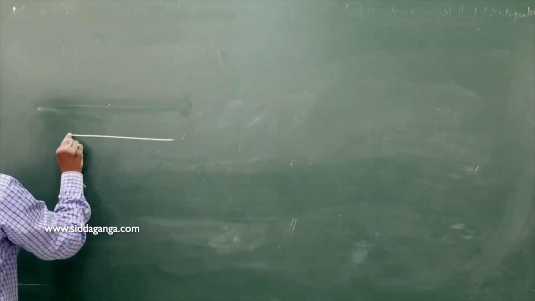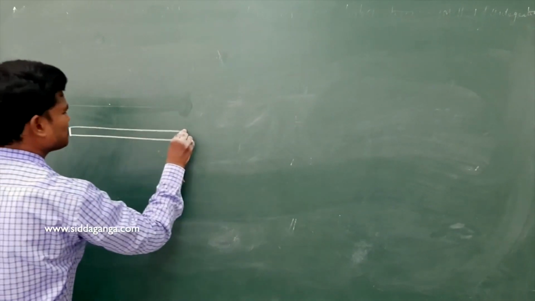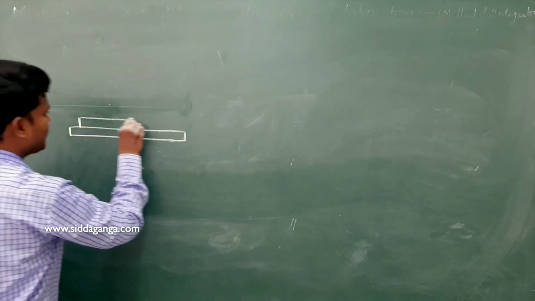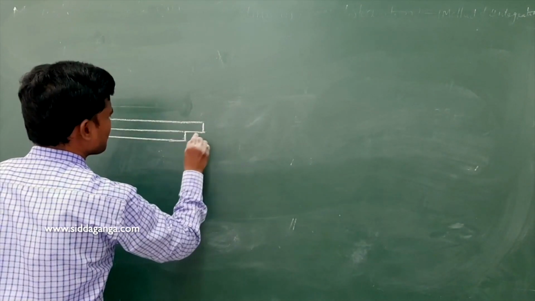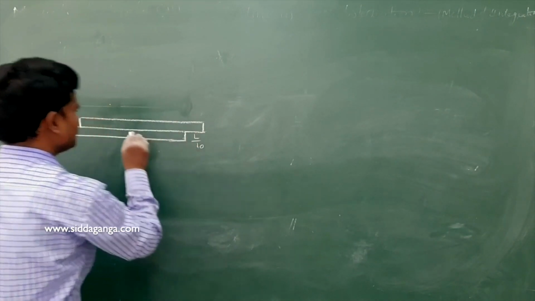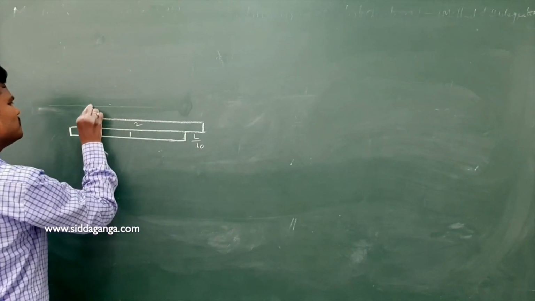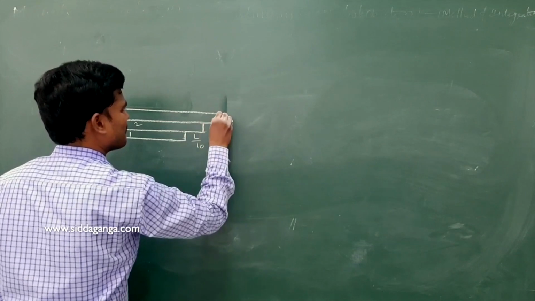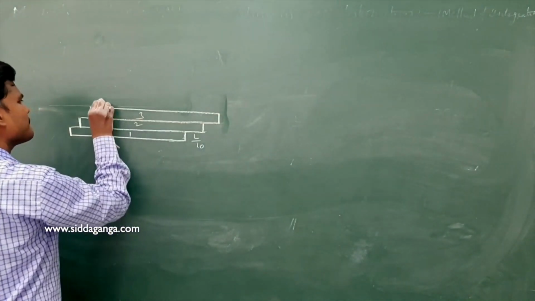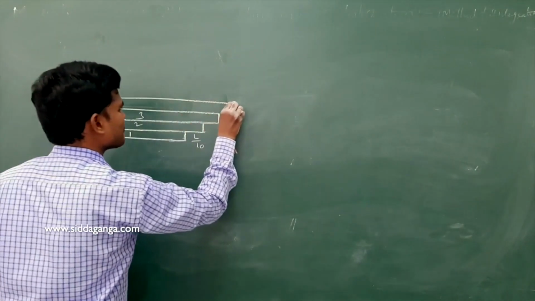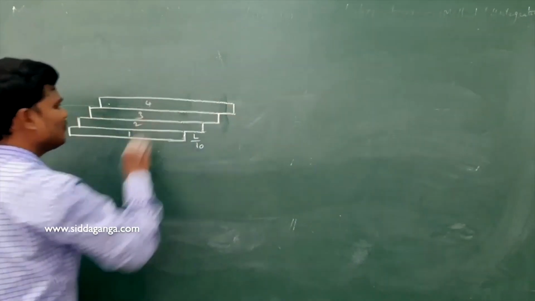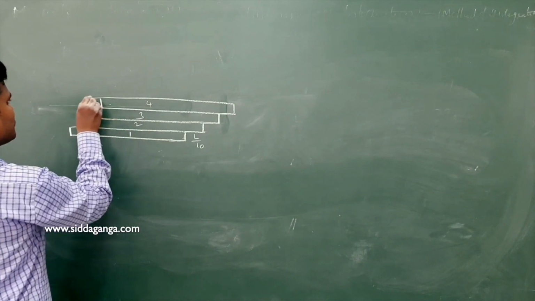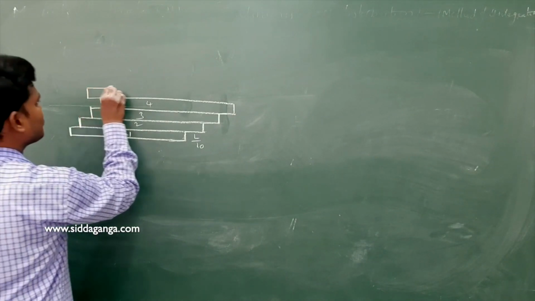This is the first block. Next block extends by L by 10. This is block number 1, block number 2, block number 3, block number 4. And this is 5.